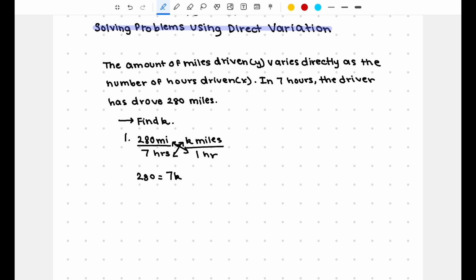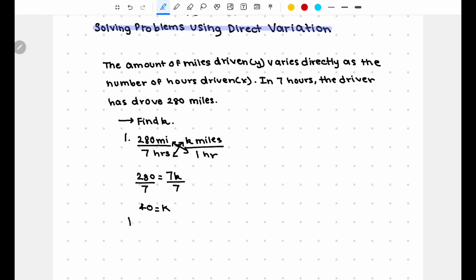How do we isolate the variable? Well, we always want to do the opposite operation, and in this case 7k means 7 times k. That's multiplication, so the opposite of multiplication is division, so we're going to divide both sides by 7. 280 divided by 7 is 40, so k equals 40.